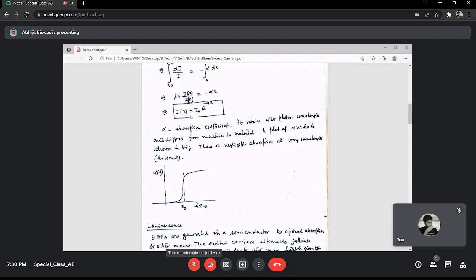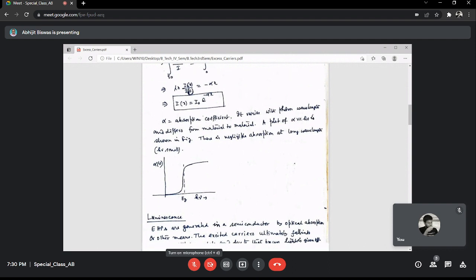There is a probability of getting absorbed, and it follows this exponential rule. Alpha is called the absorption coefficient.